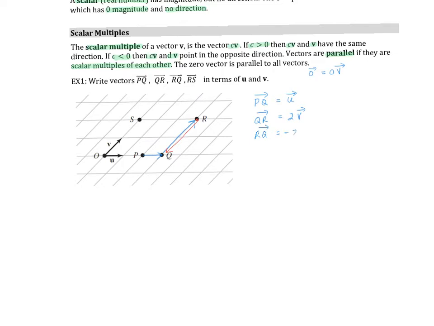This is simply -2 times the vector v. The last vector, RS, tail at R, head at S, it's going in the opposite direction of u, so I know it's going to be -u, and then it's 3 times the length of u. So that would be -3 times the vector u.